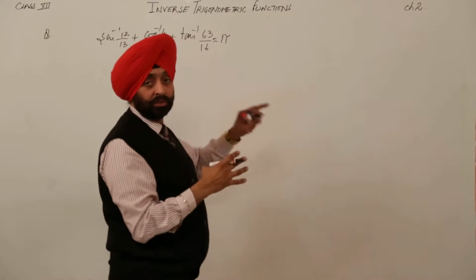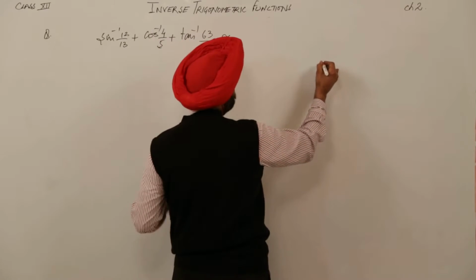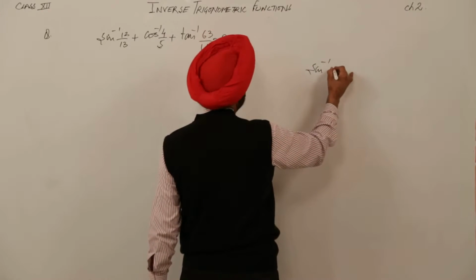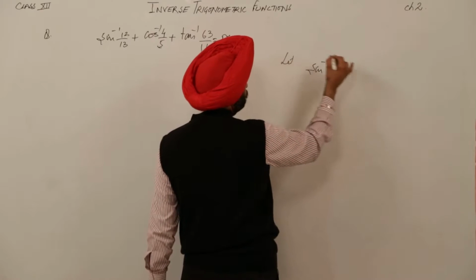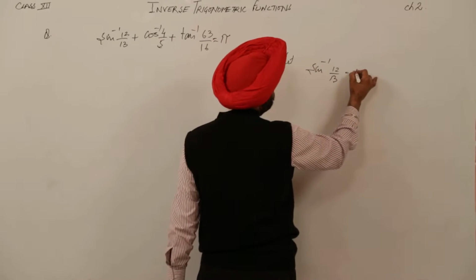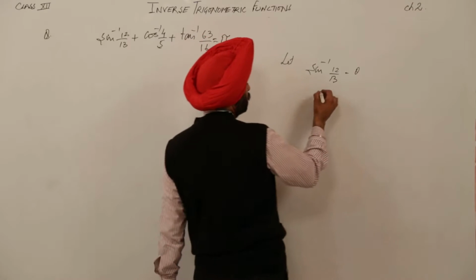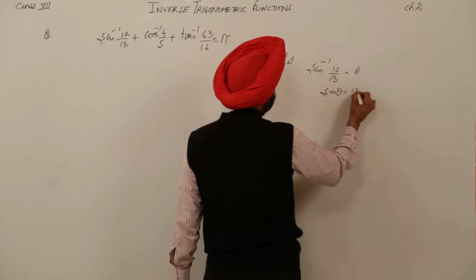Don't think that this is a rough part, this is the main part only. Now let sin inverse 12 by 13 be equal to theta. So according to our definition, sin theta is equal to 12 by 13.